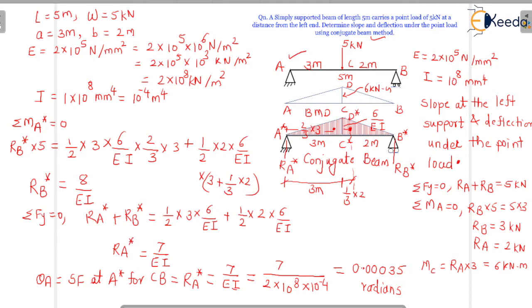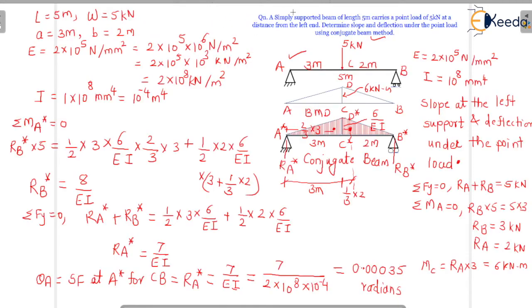Now let us calculate the deflection. So for deflection, YC is equal to deflection under the load. So bending moment at C star of conjugate beam. So how do we calculate bending moment at C star?